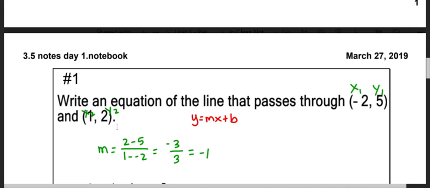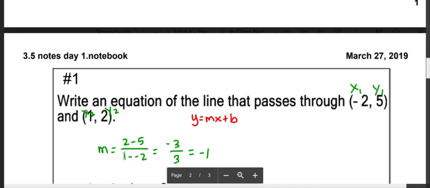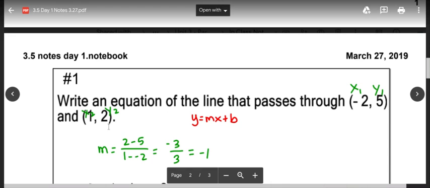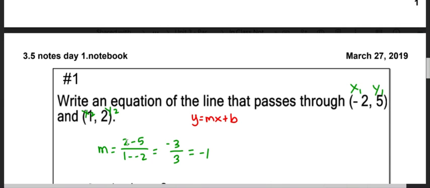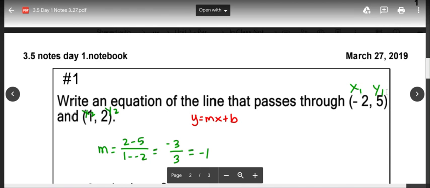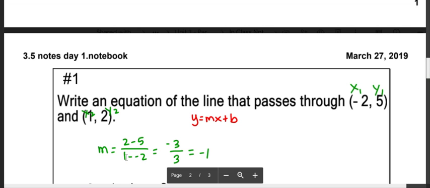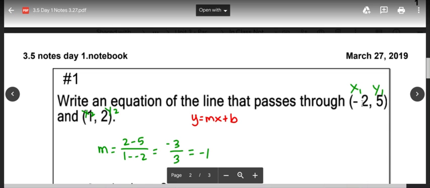So we know some points, but we don't know the slope yet. If you remember, the slope formula is y2 minus y1 over x2 minus x1. We can plug in y2, which is 2, minus y1, which is 5, so 2 minus 5, over x2, which is 1, minus x1, which is negative 2.